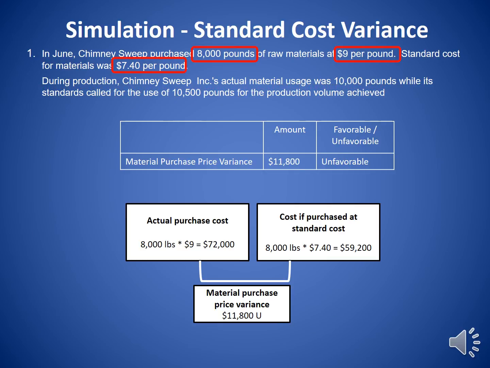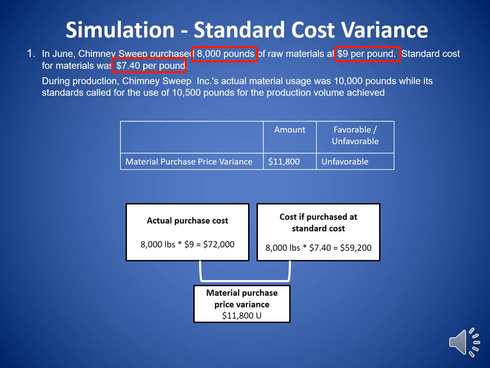Okay, the answer to material purchase price variance is an $11,800 unfavorable variance. The first thing we have to do is compare our actual purchase cost to the actual purchases if they had been valued at our expected, or standard, cost. The actual purchase cost is 8,000 pounds times $9 a pound, $72,000.